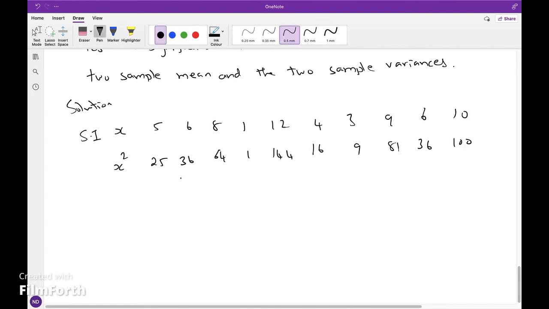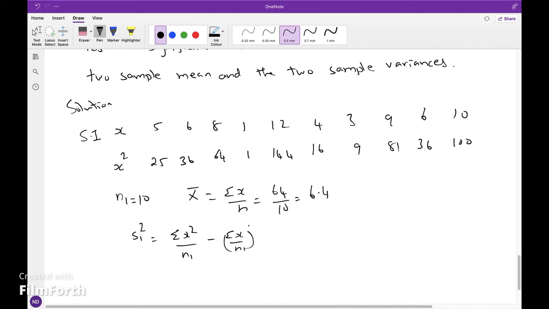So n1 equal to 10, then x bar is equal to summation of x by n, summation of x 64 by 10, that is 6.4. We can find small s1 squared equal to summation of x squared by n1 minus summation of x by n1 the whole square. That is equal to 512 by 10 minus 64 by 10 the whole square. That value is 10.24.